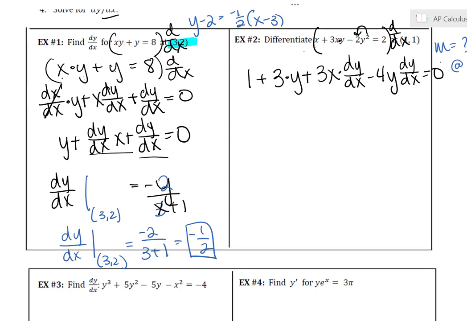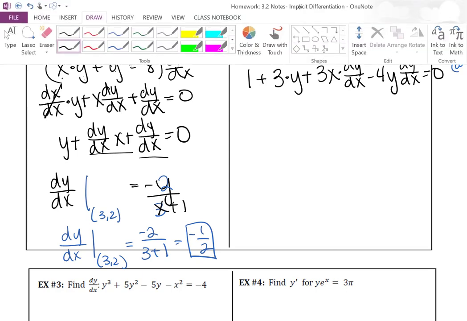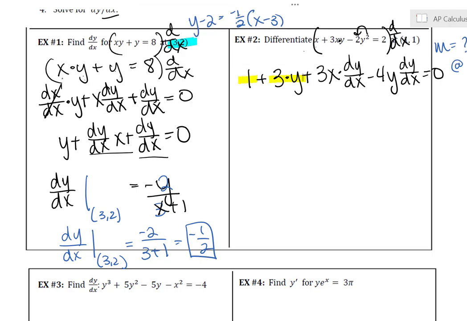Again, we're trying to simplify and get all those dy over dx's on one side. So I'm going to grab these two terms, this 1 and this 3y, and move them to the other side of my equation. And I'm also going to factor this dy over dx out of 3x minus 4y. So I should get dy over dx times 3x minus 4y equals, whoops, should be a negative.